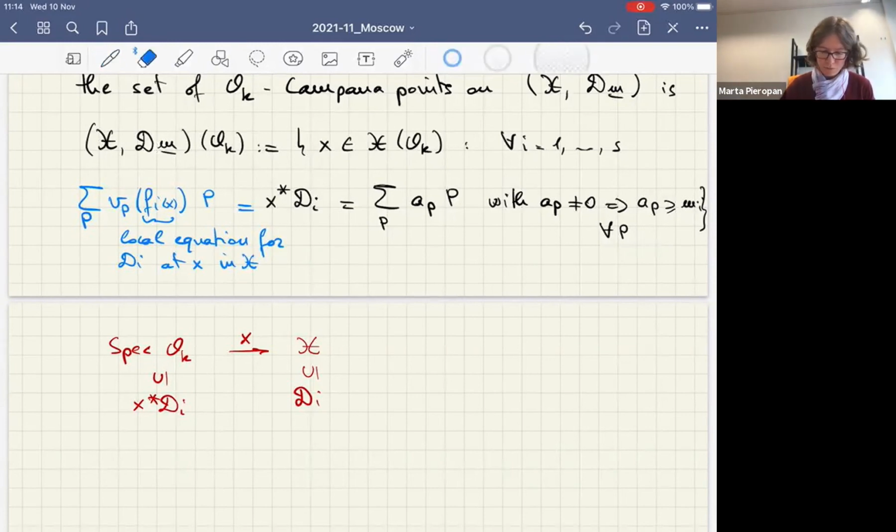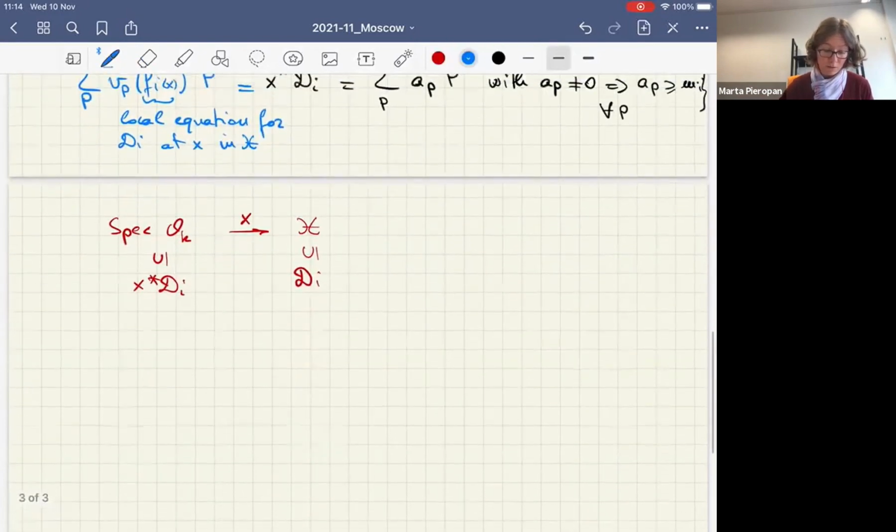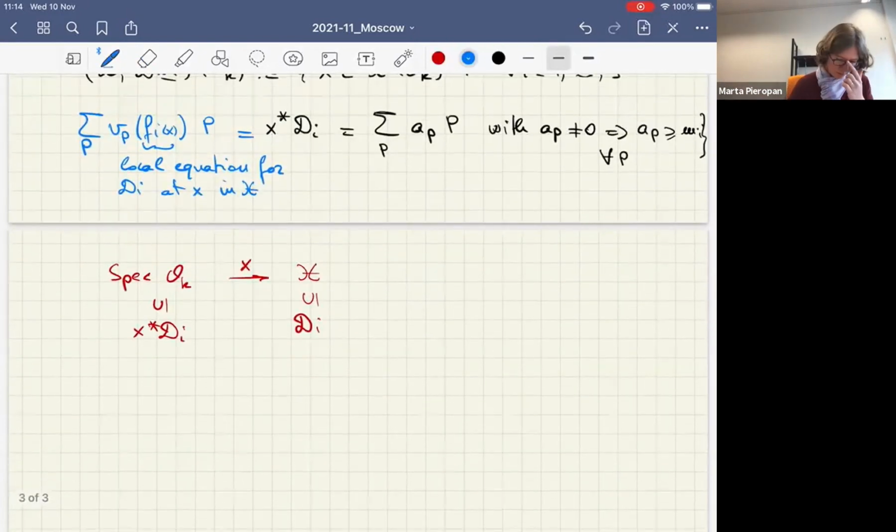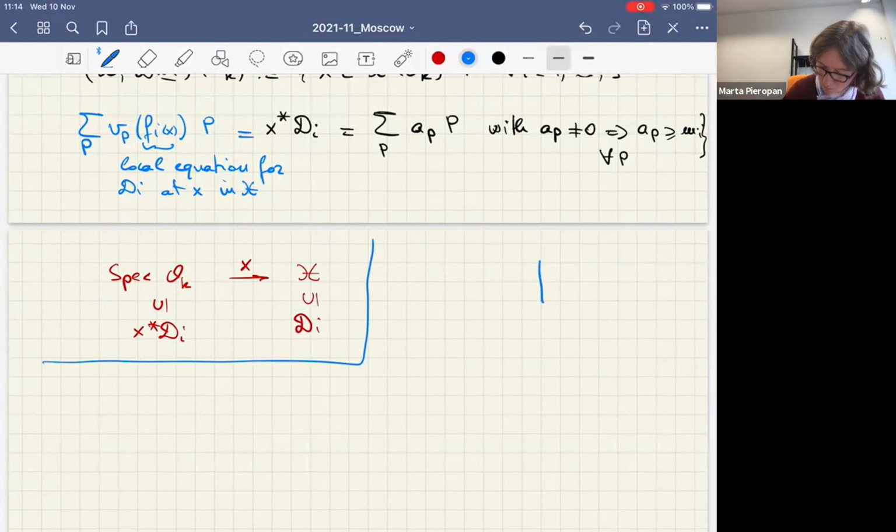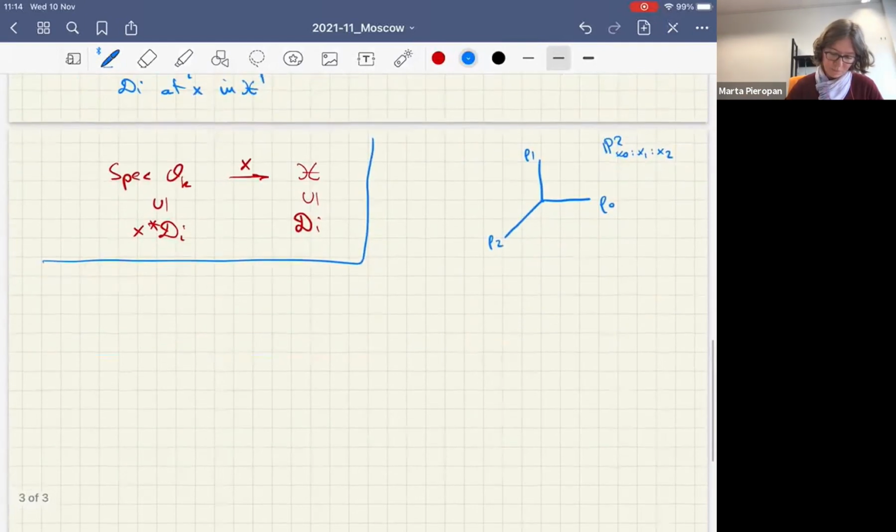Okay, so let's try to see this on an example. Perhaps I can write here. So I'm going to do the easy example, which is the projective space. And if you want, the projective space is given by this fan here. ρ_0, ρ_1, and ρ_2 are going to be the names of my rays that correspond to the coordinates x_0, x_1, and x_2 in the projective space.